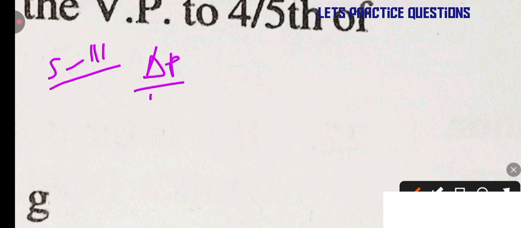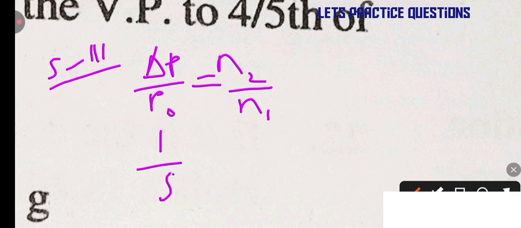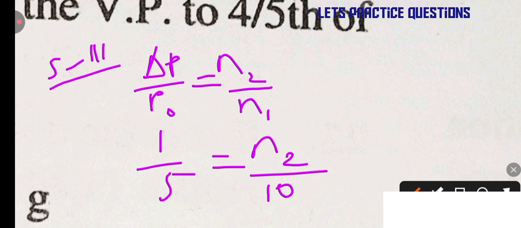In step 3, we have to calculate using the lowering in vapor pressure formula, that is del P by P naught is equal to moles of solute divided by moles of solvent. Here del P by P naught we derived as 1/5, and N1 value is 10.